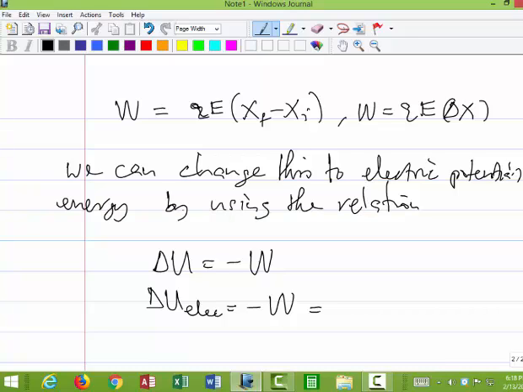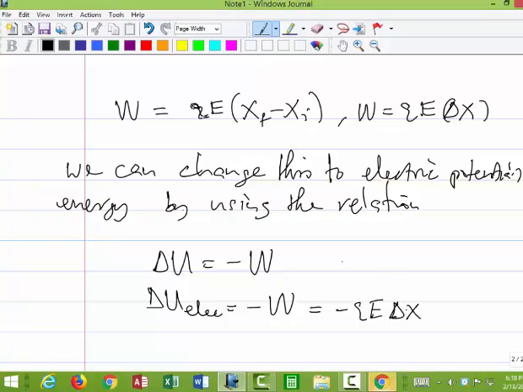We can say delta U electric is equal to minus QE delta X. And in your textbook, you will use a magnitude of the difference between the distances, but I think I'll just leave it as Q delta X.